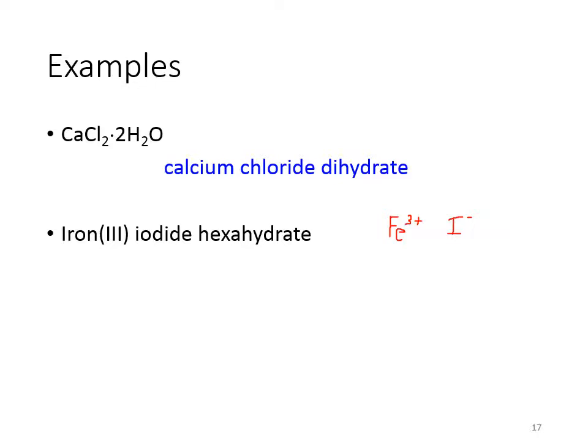To balance out the charge of the iron with its 3 positives, we're going to need 3 units of iodine. So the formula of the compound itself is going to be FeI3. But then for the hexahydrate part, hexa, hopefully you'll learn, is the prefix for 6. So that means 6 H2O. So putting it all together, we get the formula FeI3 dot 6 H2O. That is the correct formula for iron 3 iodide hexahydrate.